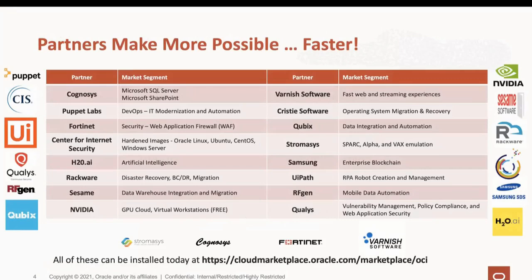Some are doing artificial intelligence, some are doing blockchain. We even have some partners taking some of our legacy Spark workstations and making them available to run on OCI because they run more efficiently. You can find examples of click to deploy, lead gen, or BYOL listings on the marketplace, and this is just a quick example of some of those.